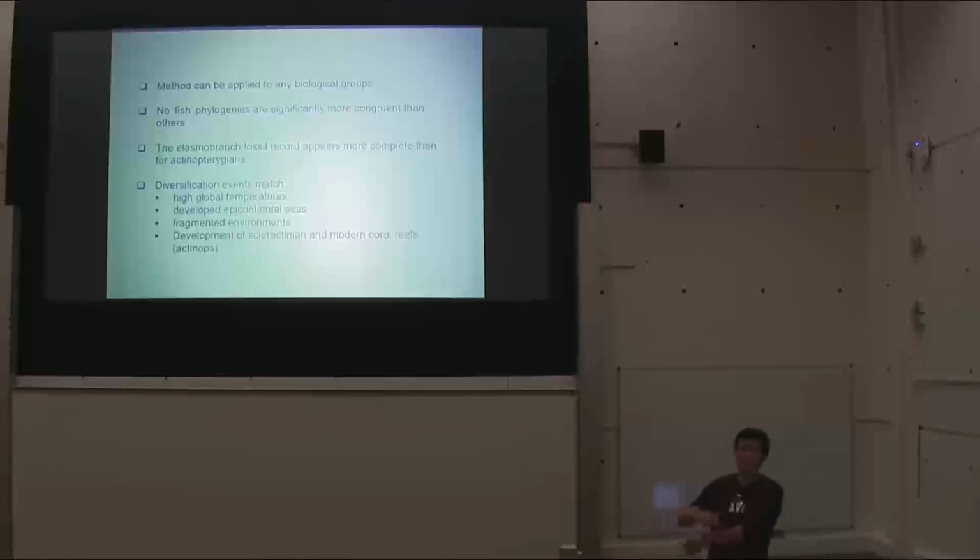And the interesting thing is that diversification events mainly match very high global temperatures, developed epicontinental seas and fragmented continents, but also the appearance of scleractinian corals and modern coral reefs for Actinopterygii, one in the late Jurassic and one in the Paleogene. And thanks for your attention.